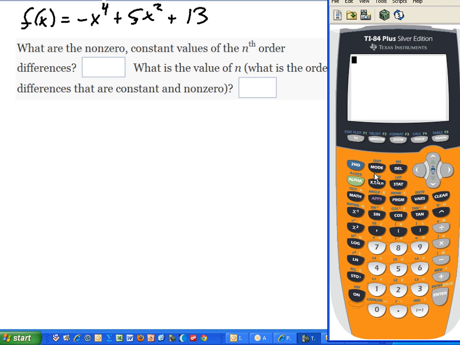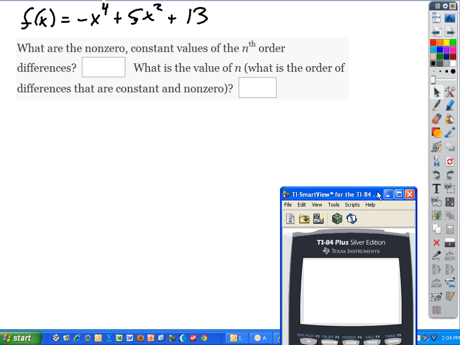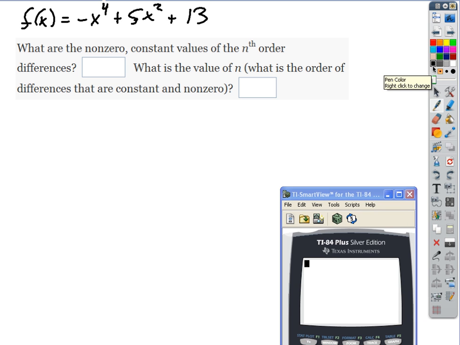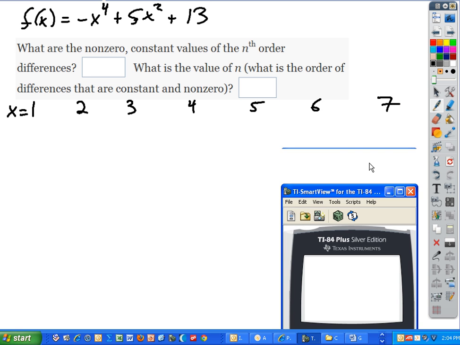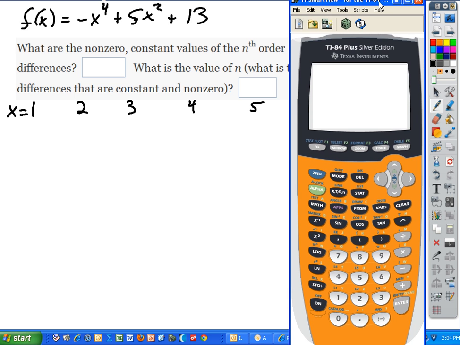If I want to build one of these difference trees, the calculator is really good at that, because we can use the table feature. So, for example, if I want to find the y values that go with x equals 1, 2, 3, 4, 5, 6, and 7, let's say, I can find those really easily by just putting the function into the y editor in my calculator.